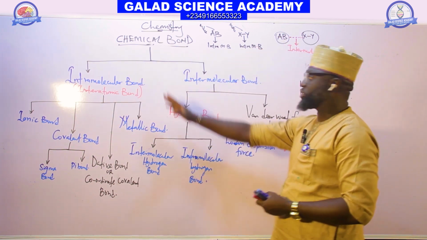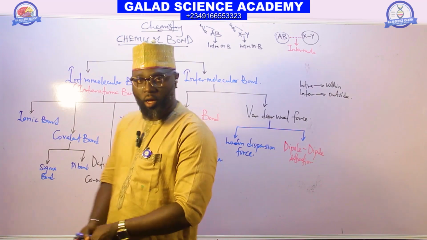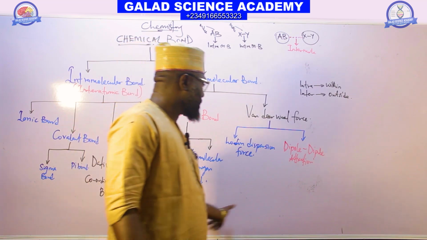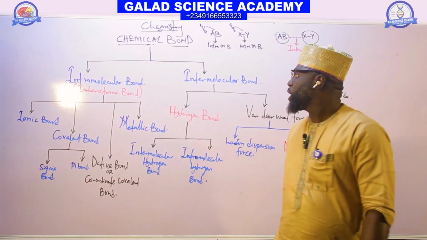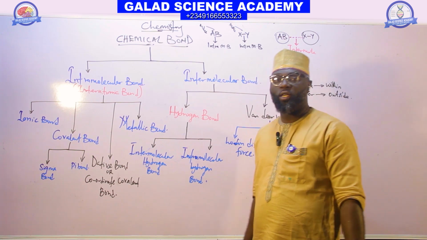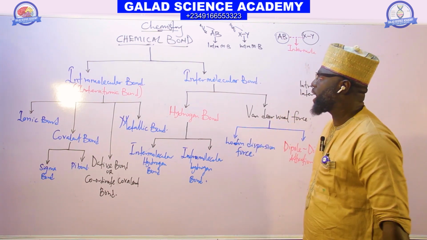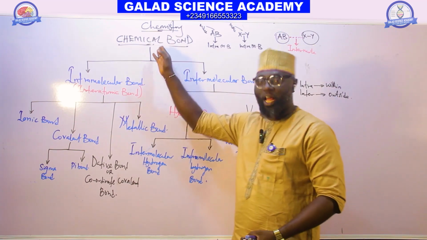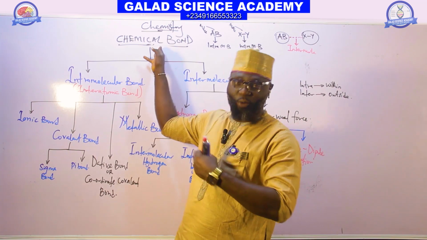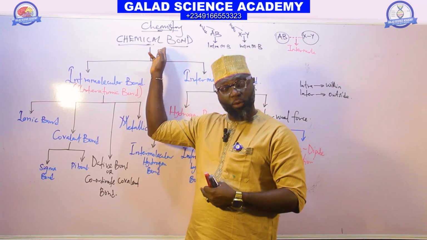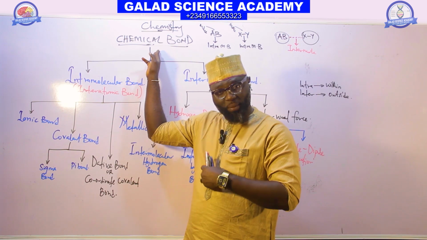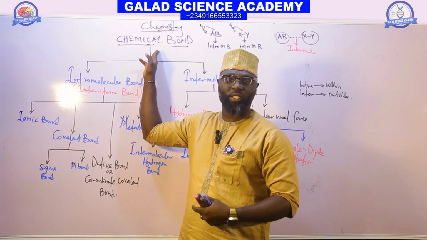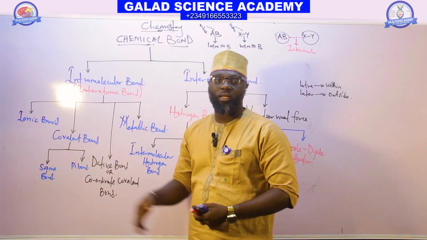So if you can treat all these subtopics we have on chemical bond, you are a master of chemical bond, which is known as the art of chemistry, or you can also call it the backbone of chemistry or the brain of chemistry.